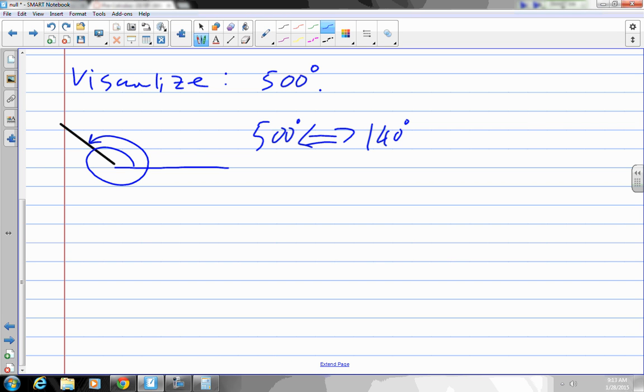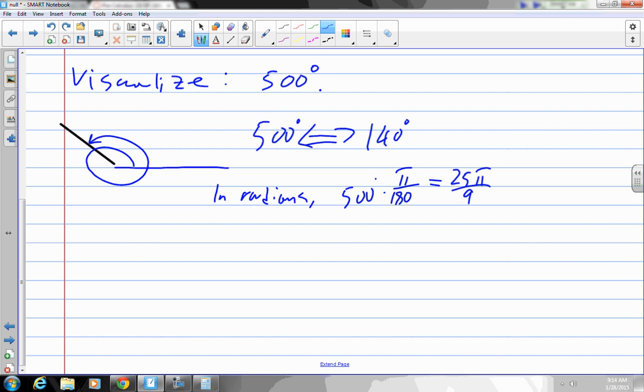So again, I can convert to radians. I will look at 500 degrees times pi over 180, right? I can reduce it to what? I can reduce both by 20, so it's 25 pi over 9, right?